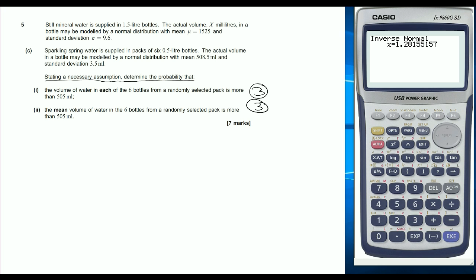So we don't have to assume that it's normally distributed because we're told that in the question. What we have to assume, so the assumption that we must make, is that the 6 bottles represent a random sample. Okay, so the assumption is each pack contains a random sample.